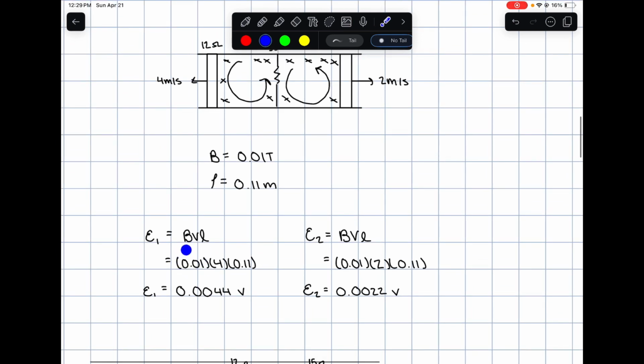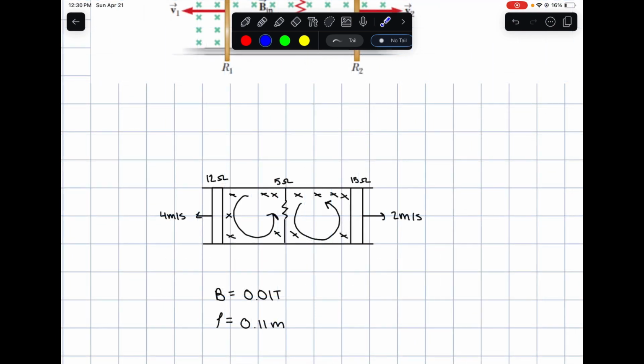We plug in the magnetic field, the speed of 4, and the length, and we get EMF 1 equals 0.0044 volts. If we do the same process for EMF 2, we find it equals 0.0022 volts.